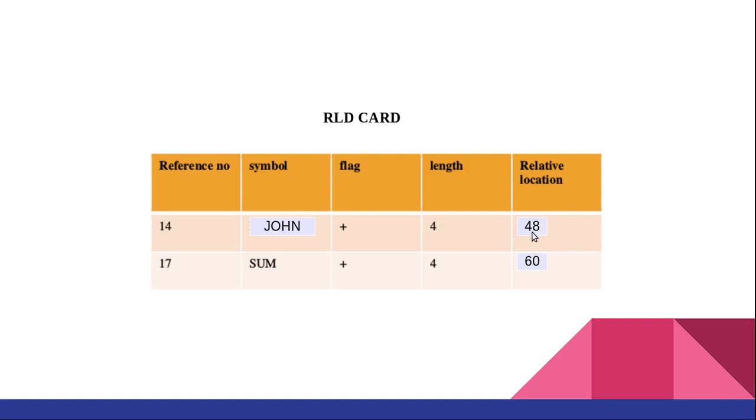Then only we will get the absolute address of the table. So relative address 48 content is 28. 28 has to be added with the starting address. If the starting address is 2000, then 2000 plus 28, 2028, will be the absolute address of the table. It will be stored into 48.